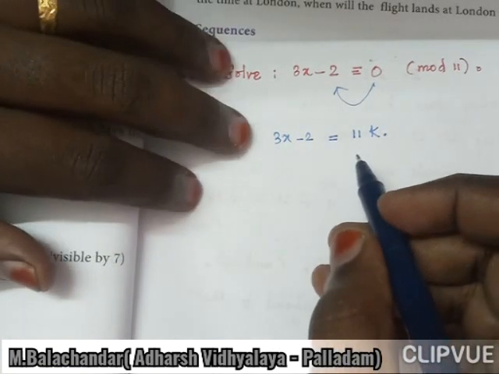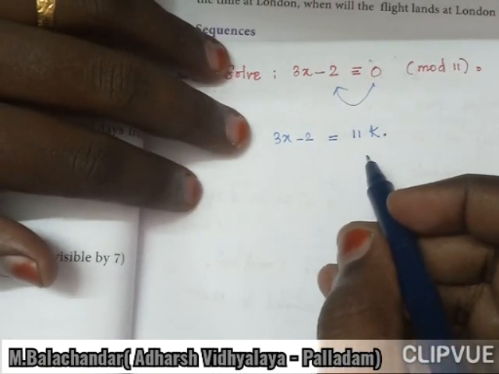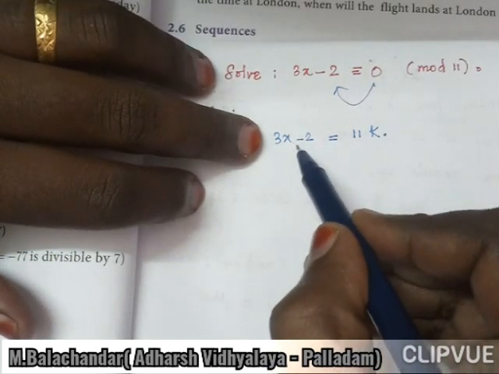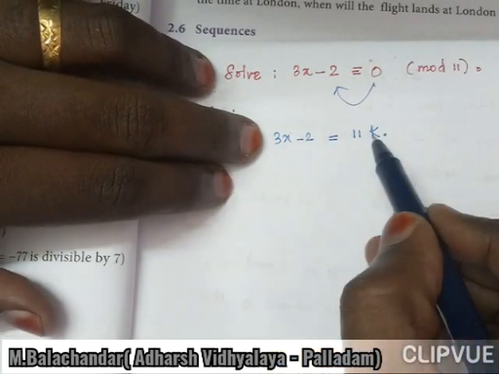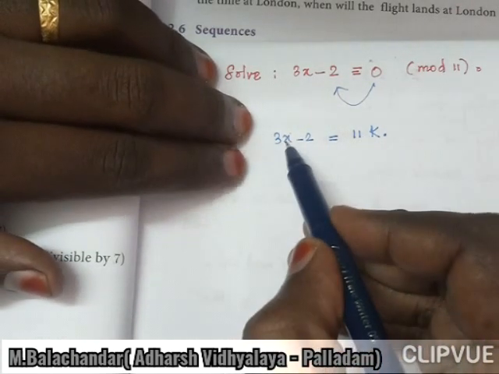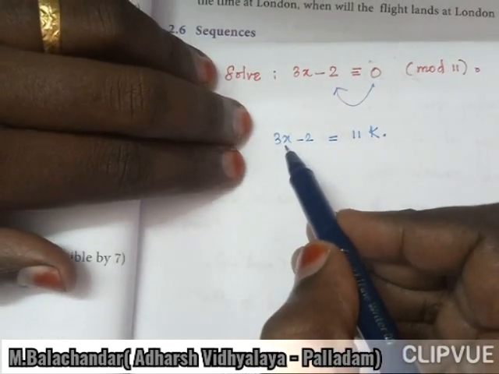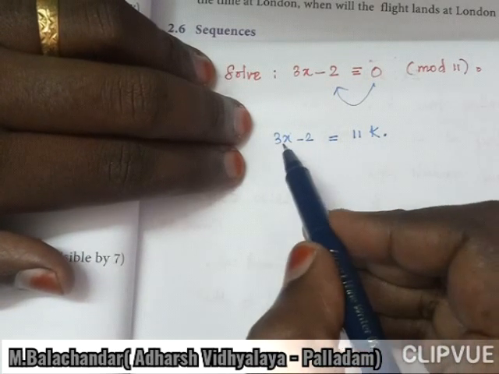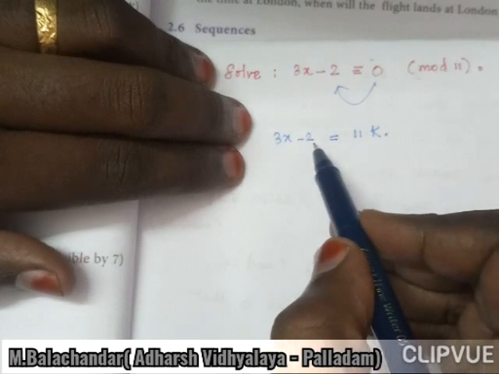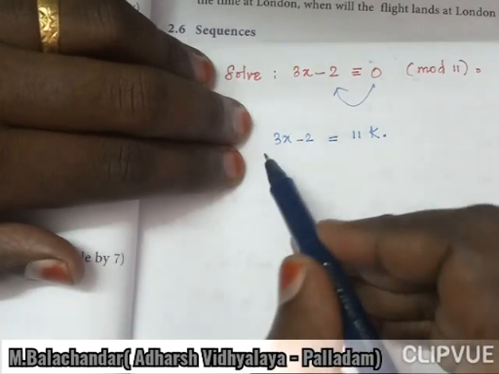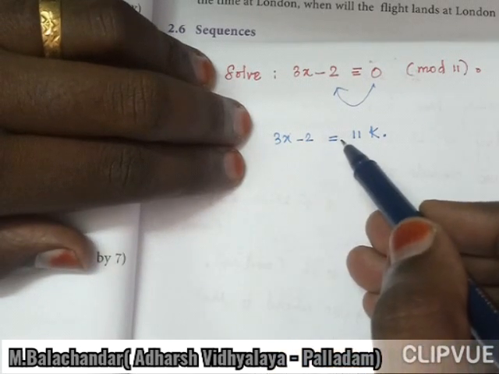After assigning the value of x, it will be a multiple of 11. If you assign x equal to 1, 3 into 1, 3, 3 minus 2, 1. 1 will not be a multiple of 11. Then 2, 3, 4 like that.